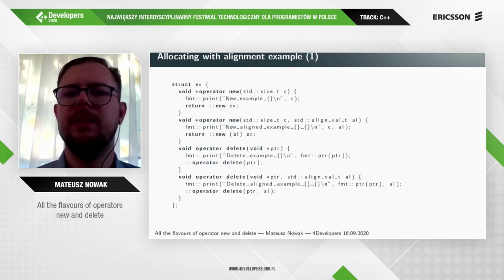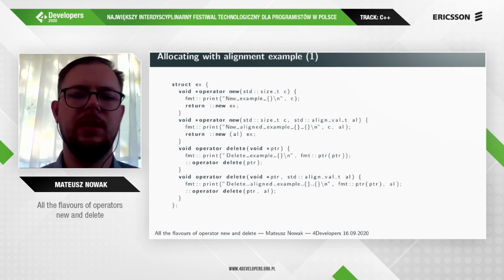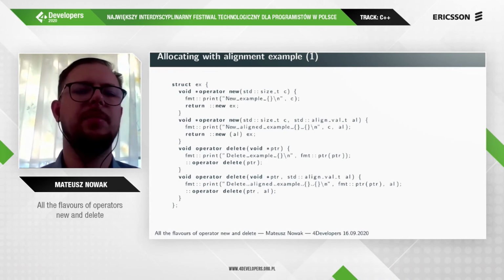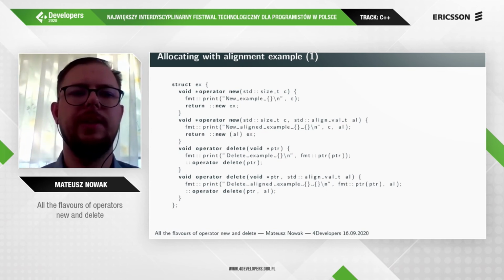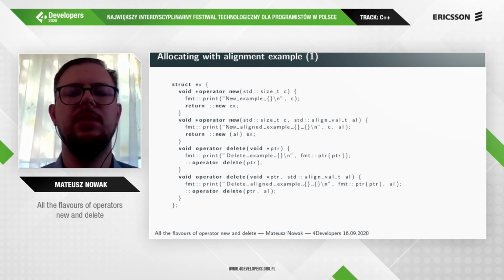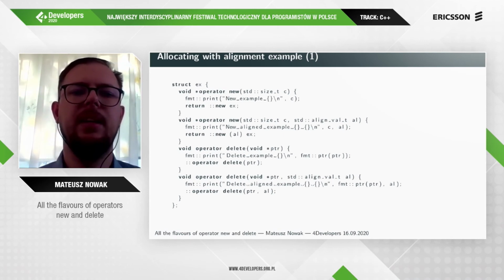And going through an example of how to use these alignment operators, it's not so straightforward as in previous groups. So here we have some class that is overriding the usual new and delete, and also the aligned new and delete.